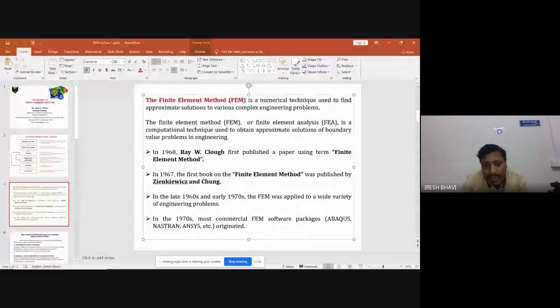Then what happens? Temperature T1 is equal to 25 degrees Celsius. That is the initial value problem. So FEM can be used to solve both boundary value problems and also initial value problems.